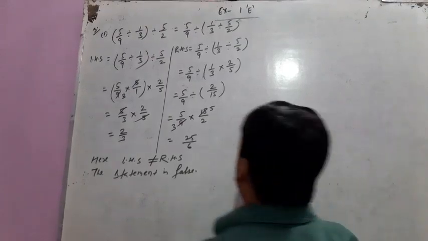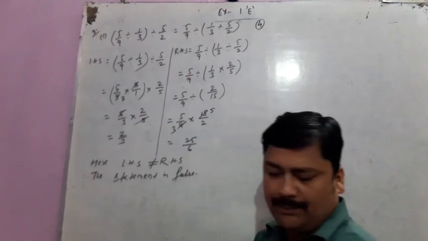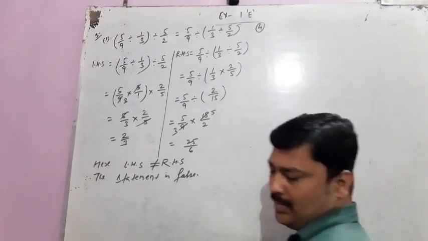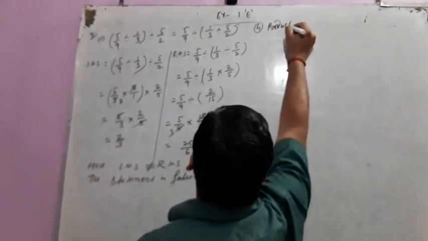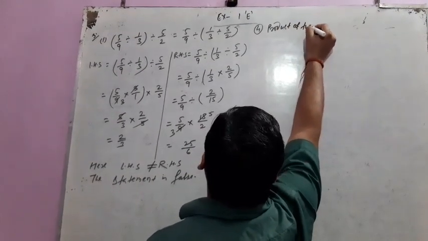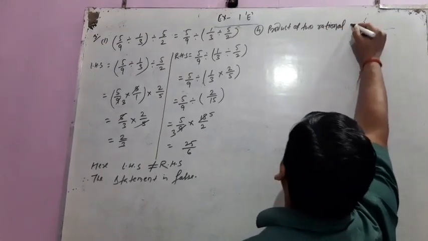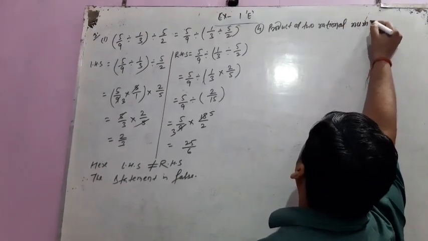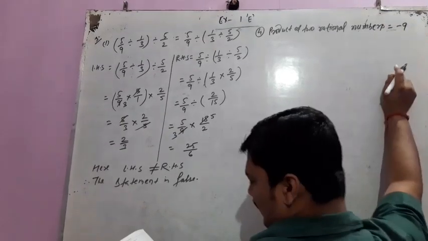The product of two rational numbers is minus 9.